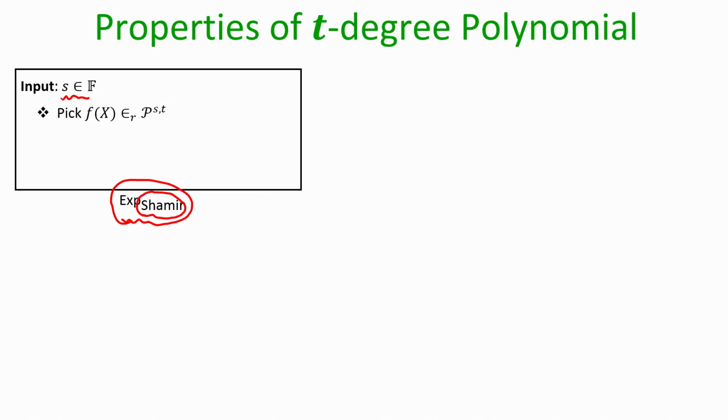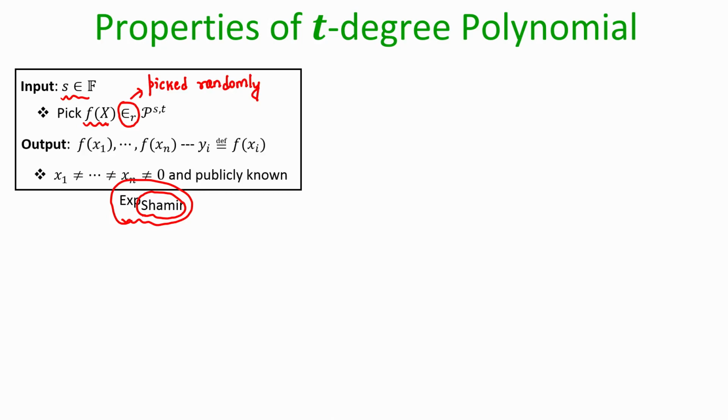Now, the experiment does the following: it randomly picks a t degree polynomial, call it f of x, whose constant term is S. This notation, belongs to with r in subscript, means it is picked uniformly at random. Remember, there are many possible t degree polynomials whose constant term could be S. I am just randomly picking one of them.